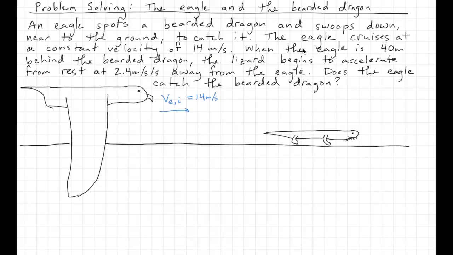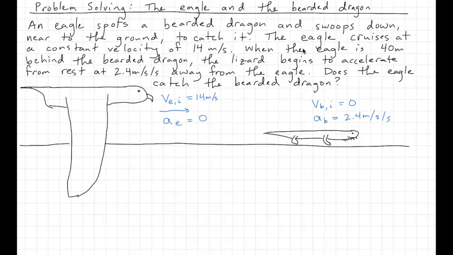But the initial velocity of the bearded dragon, VBI, is 0, but it has some acceleration. So the acceleration of the bearded dragon is equal to 2.4 meters per second squared. And also because the eagle is cruising at constant velocity, it has no acceleration. So the acceleration of the eagle is 0.